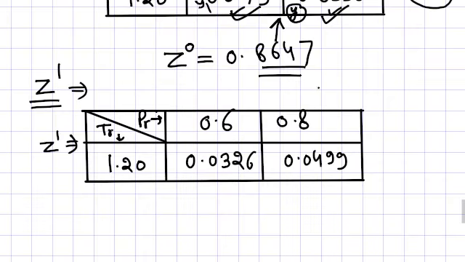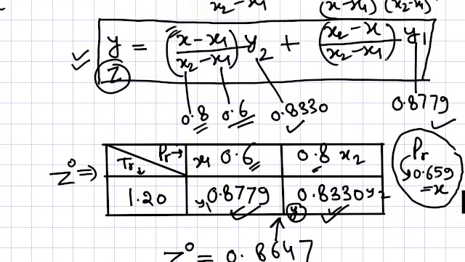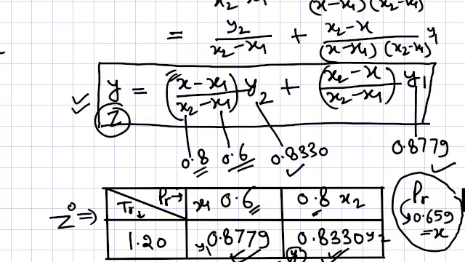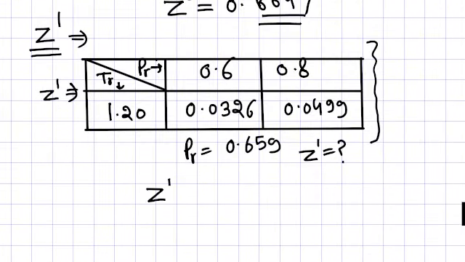So here you can see that I have noted down the Z1 data from the table, and in between you have to find the value, the same procedure that we did there. So here also at PR is equal to 0.659, we have to find the Z1 value. We will apply this equation, and finally when you calculate, you can do it yourself.